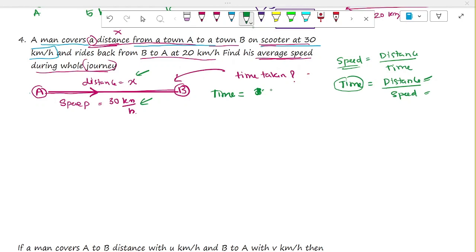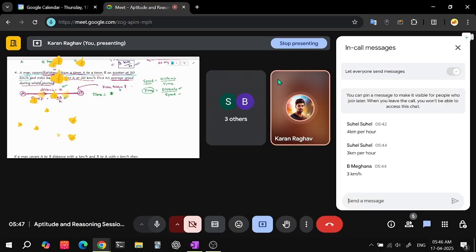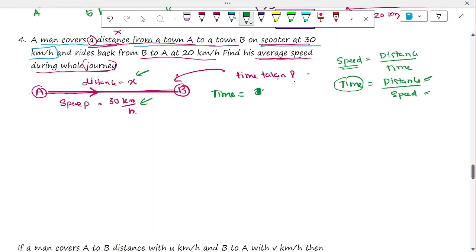What is distance here? We don't know the distance. Distance is given as x. So just consider distance is x. See, I have written distance x divided by speed. Distance is in kilometers. Don't forget these units. As I have told you before, you should write units. Distance is x kilometers. Speed is what? 30 kilometers per hour.